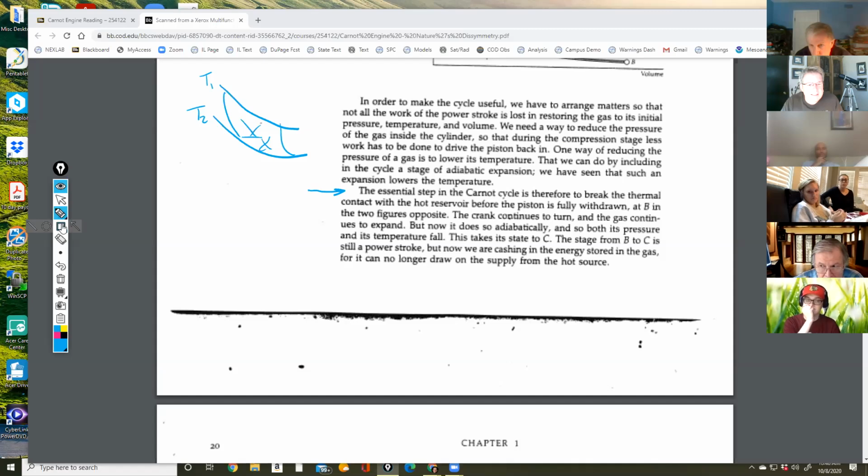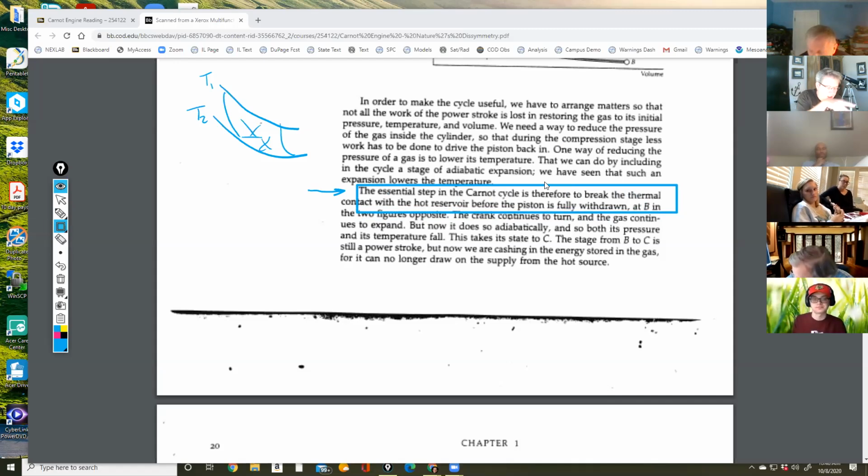This sentence here is the part that I've never seen in anything but this diagram. Every other textbook, this one included, every physics textbook, all says the same thing. And it never made sense to me until I realized, oh, I need to take it off so that it continues to expand adiabatically.